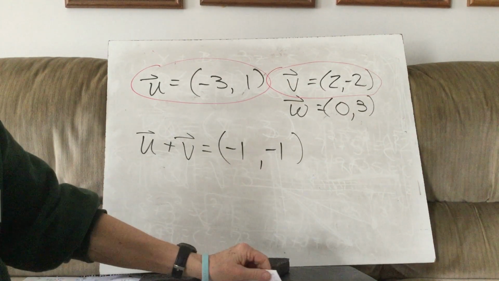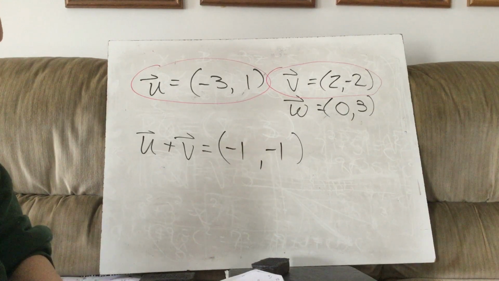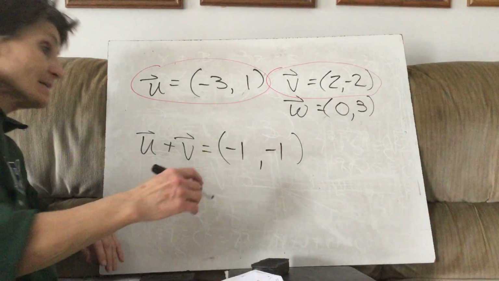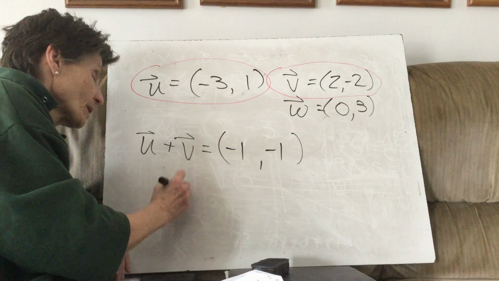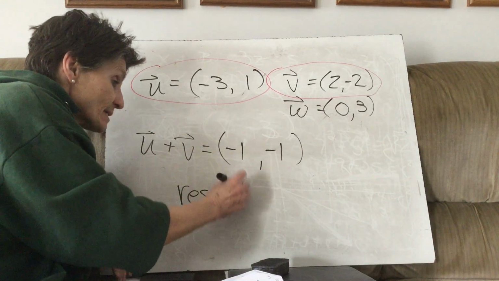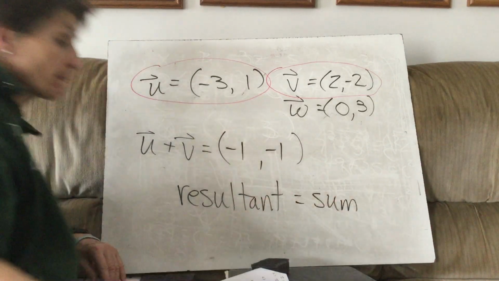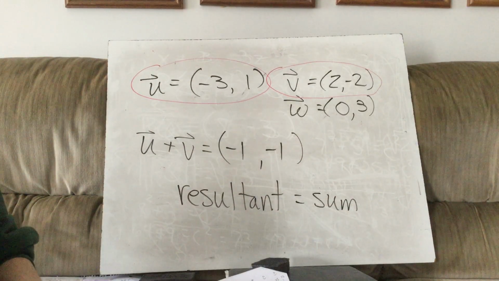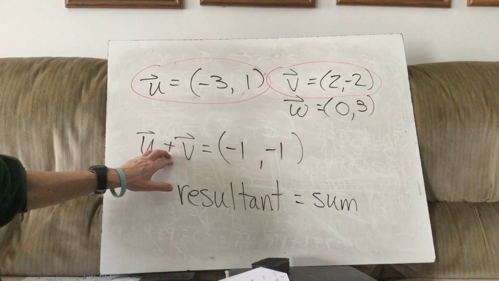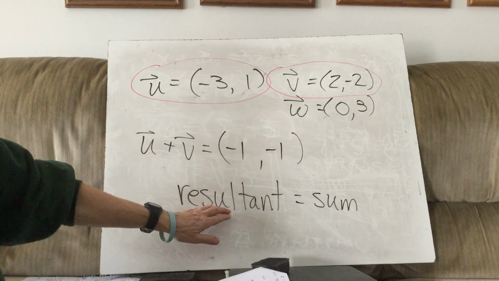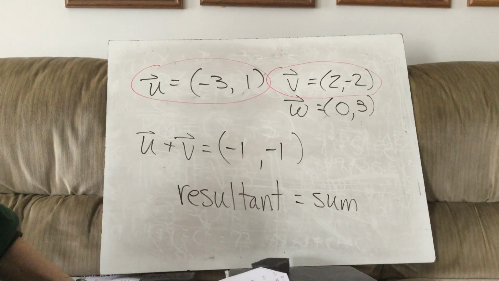While we are here, I'm going to give you another vocabulary word. In Vectorland, another way of saying sum is to say resultant. So when you add vectors together, like we did right here, the answer is often referred to as the resultant.